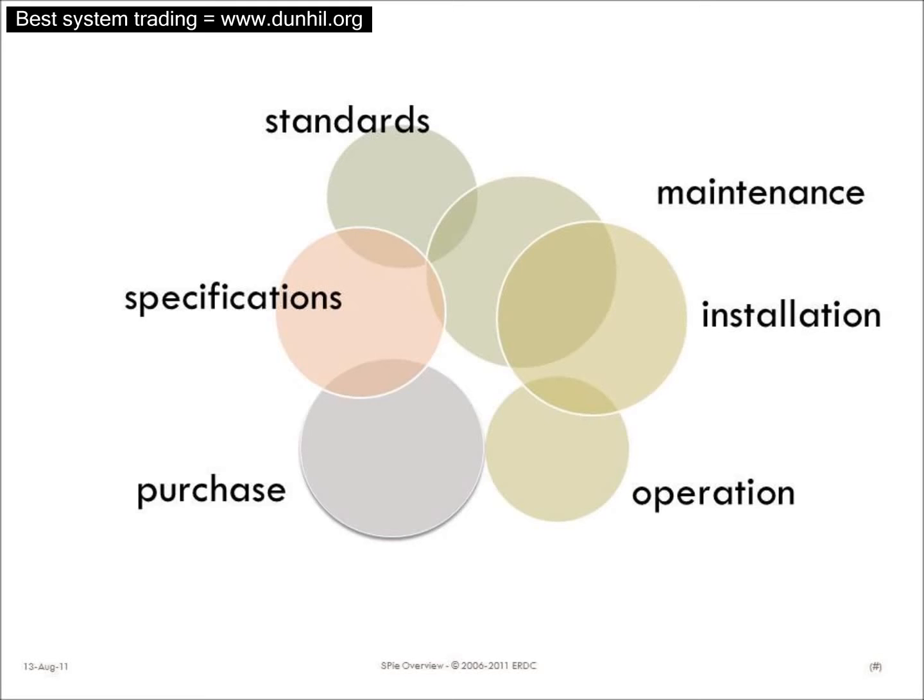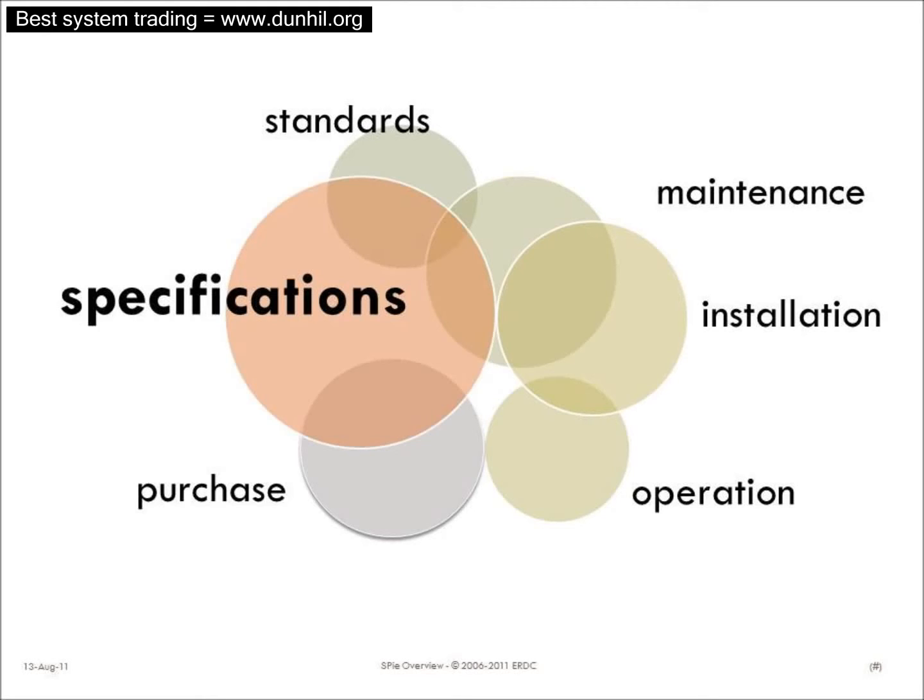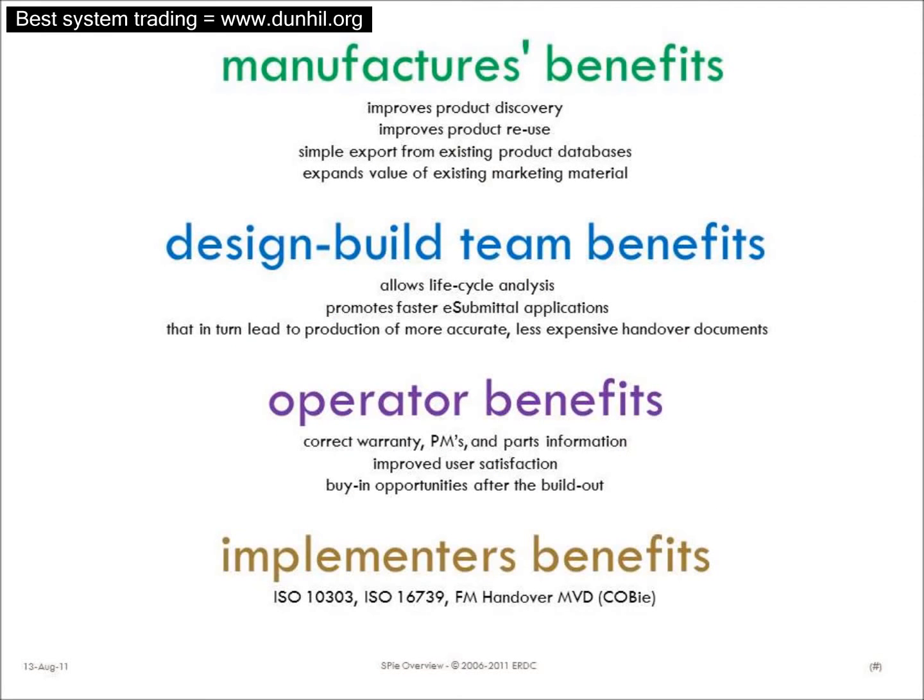And by specification, I mean what is the information required to decide to purchase one product or another product. The purpose of the SPI project is specifically to look at the specification properties that are standard across different types of products. In looking at the kind of benefits that such an open standard for product specifications would create, I think that there's 4 primary benefits.